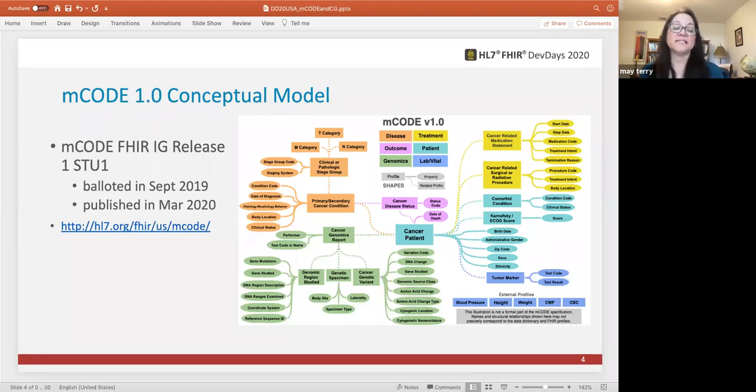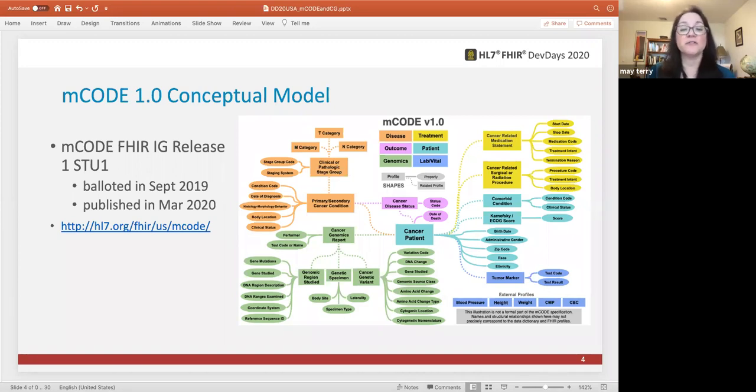It further delves down into a primary and secondary cancer condition, where the primary cancer condition could be like breast cancer, and secondary cancer condition is really more a reference to a notion of metastases. And there is staging information also involved with it. And that staging information is also very generic.